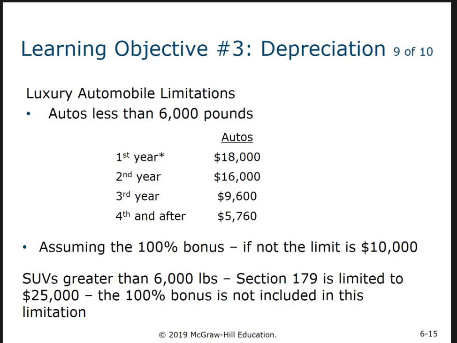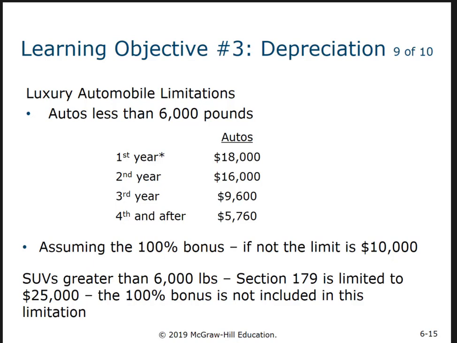You don't care if you bought it for $160,000. Your depreciation for year one is $18,000. For year two is $16,000. Year three is $9,600, and for every year after that, $5,760 until it gets fully depreciated. So if you bought a $160,000 car, you're going to be depreciating it for a long, long time.